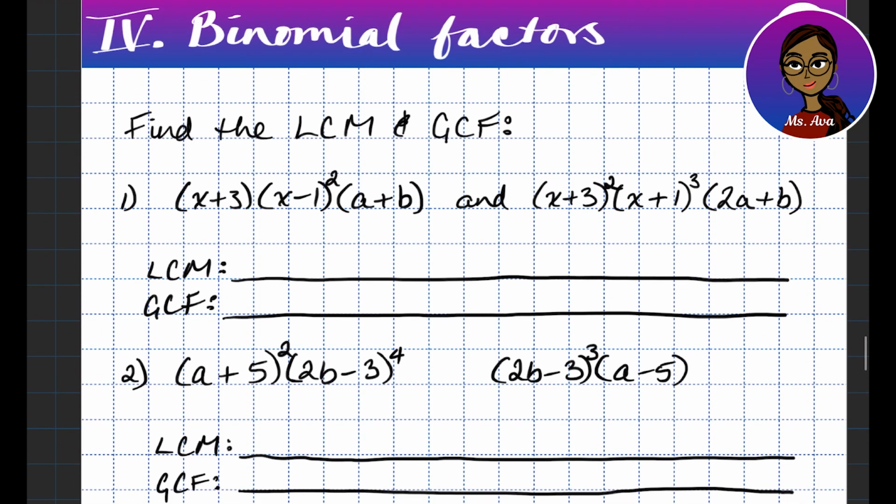Okay, so then let's keep going. This is the last strategy that I'm going to show you guys. This one is for binomial factors. So find the LCM and GCF of these. These are what binomial factors look like right here. This and this. So all of these are bases. They're actually their own bases.